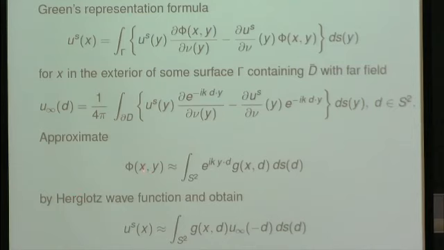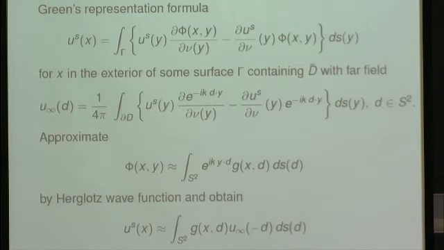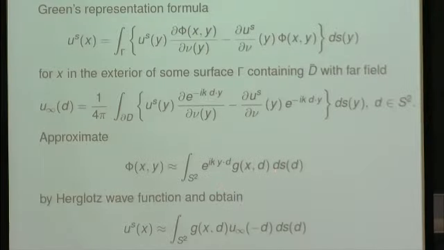Assume that we can do this, then we plug this in here and reverse the order of integration, and then we have this equation for the scattered wave in terms of this kernel function of the Herglotz wave function approximating the fundamental solution. This can be considered as a back projection formula. We project the far-field pattern back to the scattered wave.